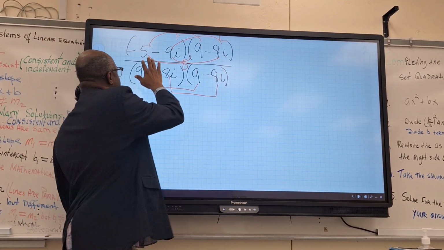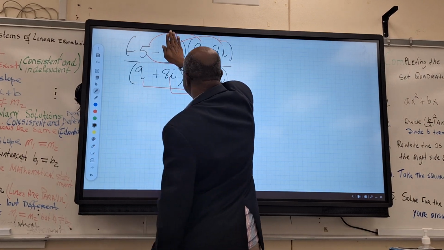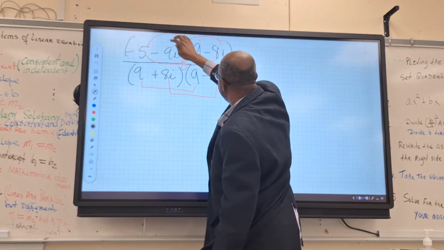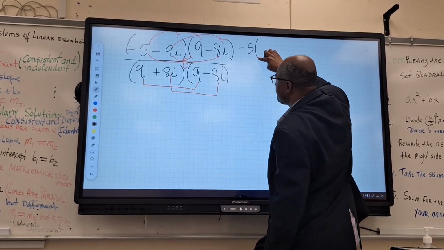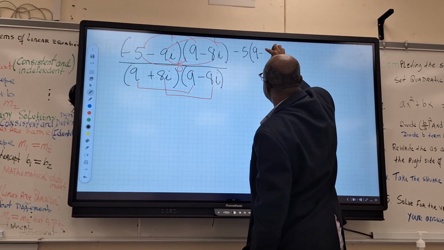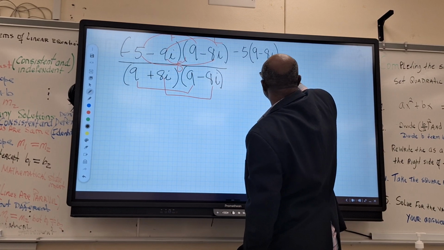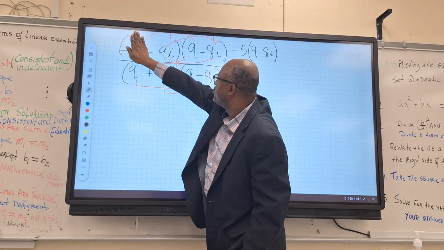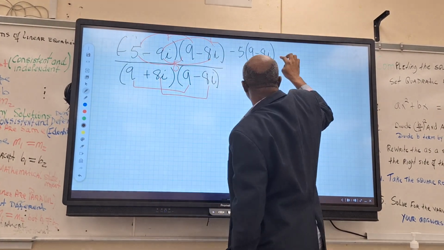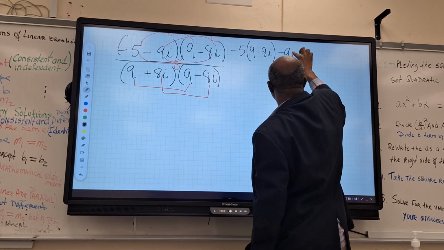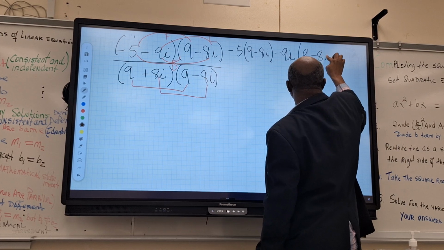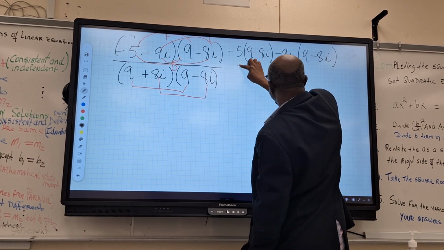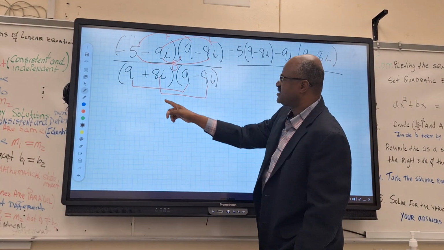So how will you set this up? You cover this. With your numerator out, it will be minus 5 times 9 minus 8i. And when you cover this out, you end up with minus 9i times 9 minus 8i. As you know, we do first and last.